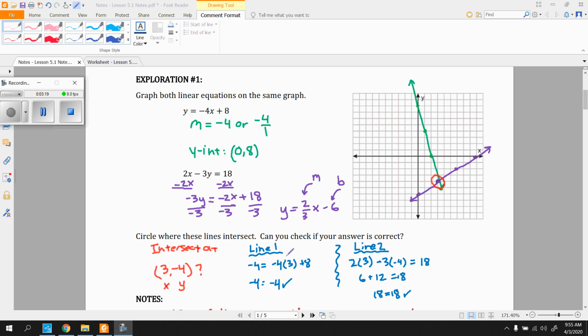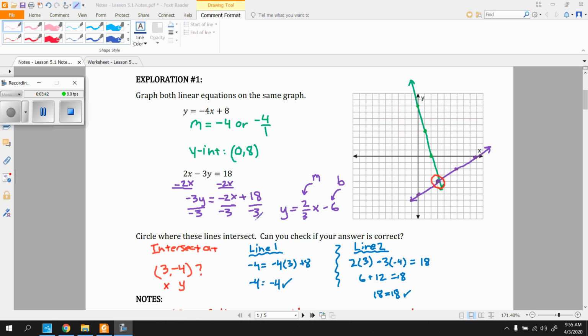The 8 was the y-intercept. I simplified it: negative 4 times 3 is negative 12, plus 8 is negative 4. You could do that on your calculator. I got a true statement, negative 4 equals negative 4, so this is a solution to that equation.